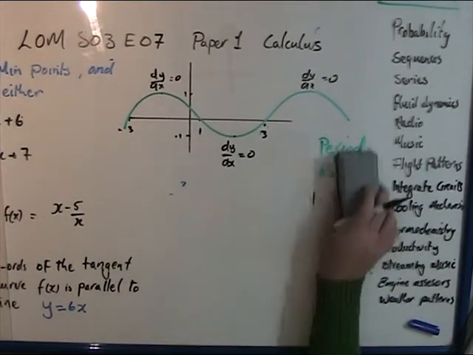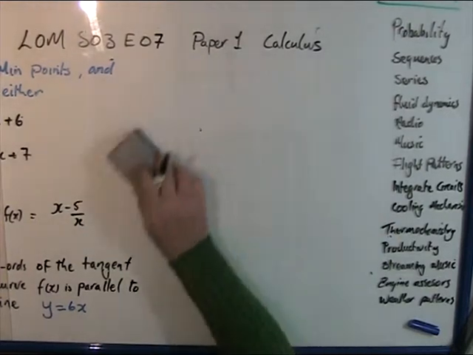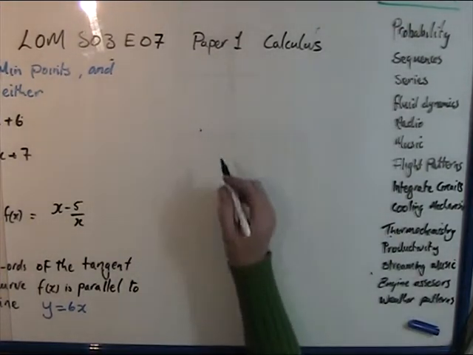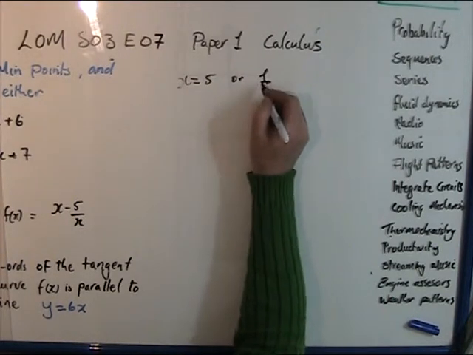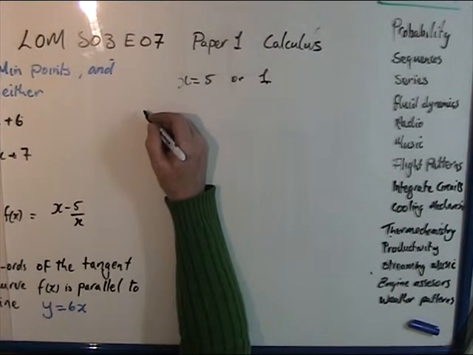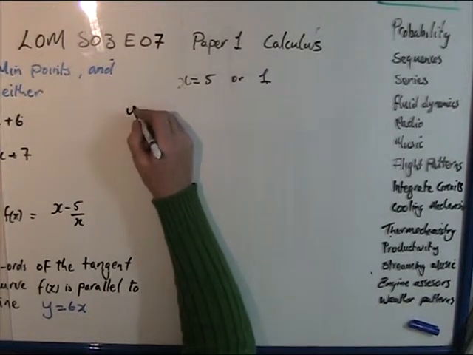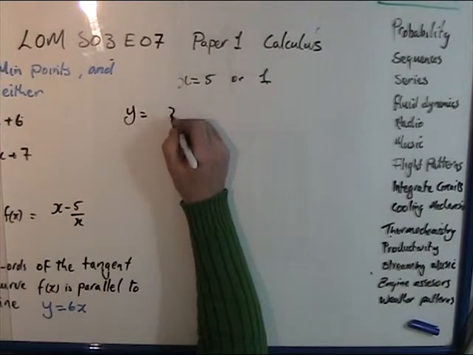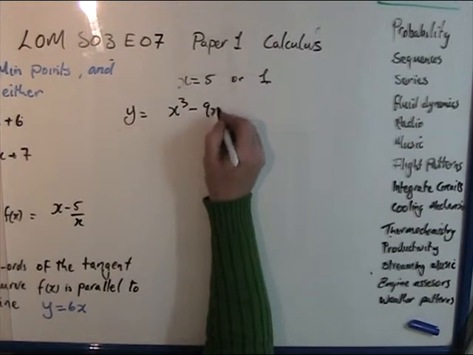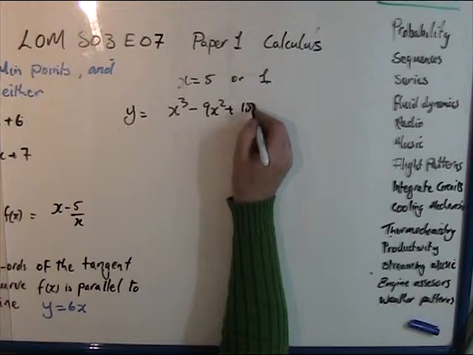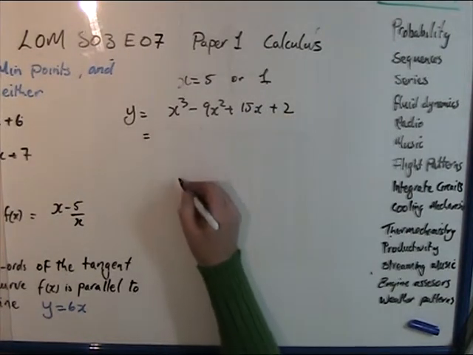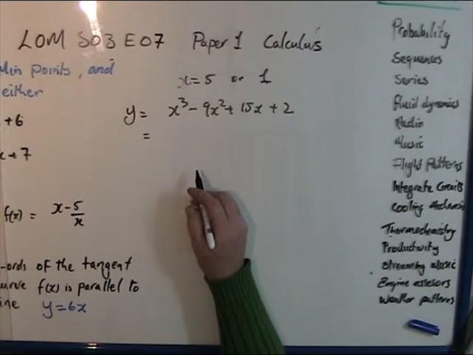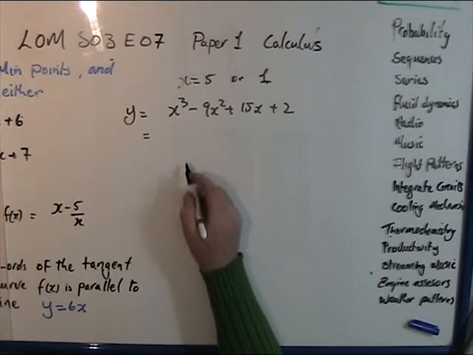So we're back up on this equation. I need to rub out because I need space. We've got x is equal to 5 or 1, because we found the slope was equal to 0 at those points. Now we have to find the corresponding y values. Y is equal to, into the original equation, always the original equation, even for functions or simultaneous equations, lines and circles.